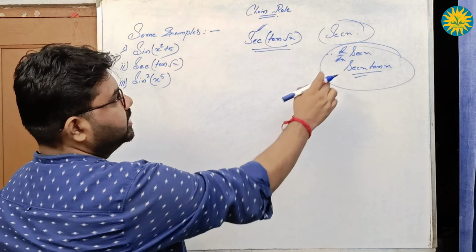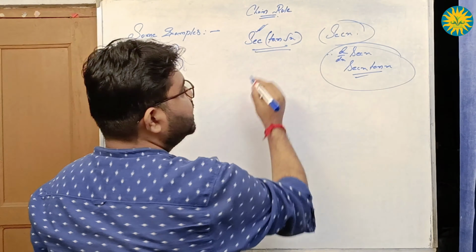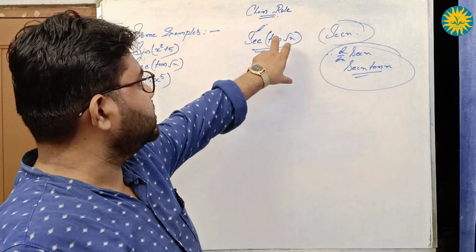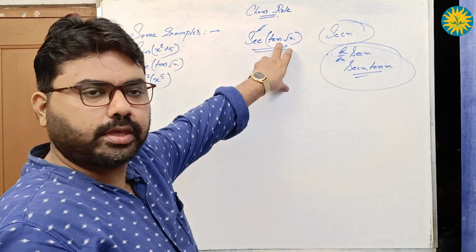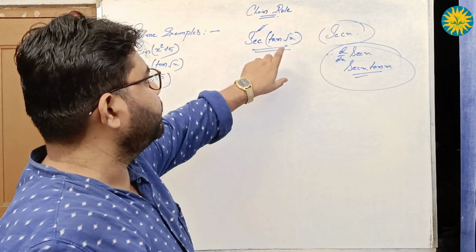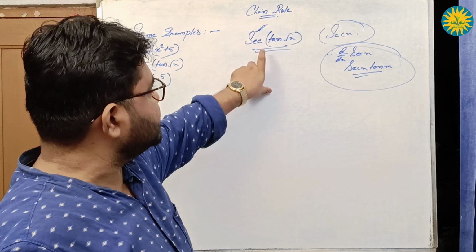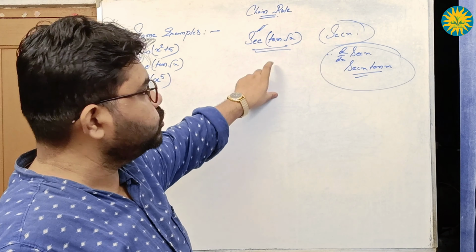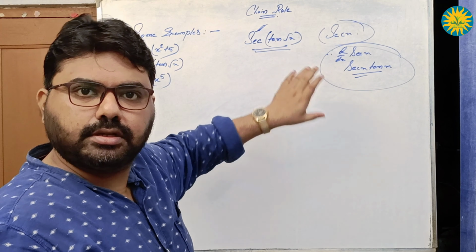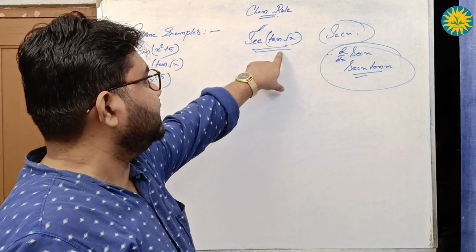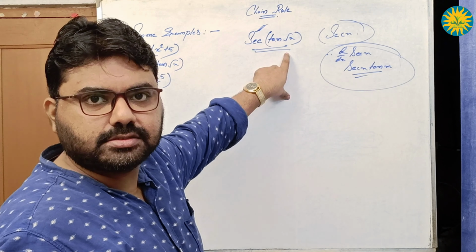Therefore the x here is replaced by tan of root x, so it's a totally different function. So for sec of tan root x, the derivative will be sec of tan root x into tan of tan root x. Done? But no, there is tan of root x, therefore we have to separately differentiate tan of root x.